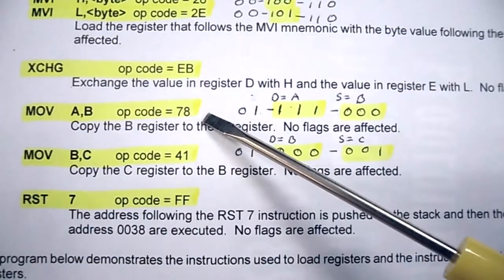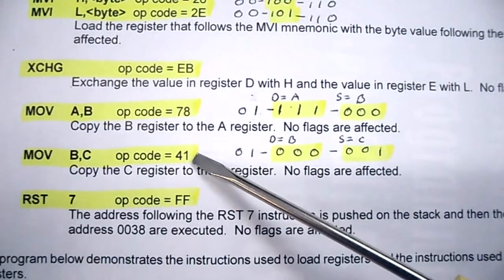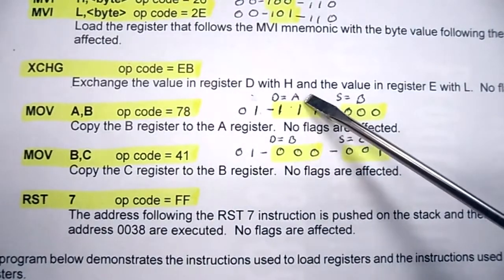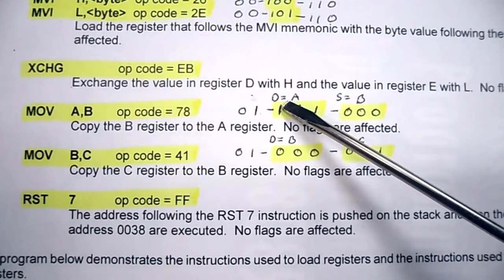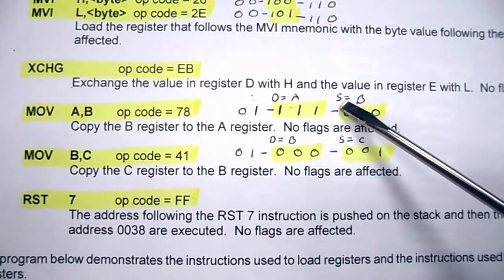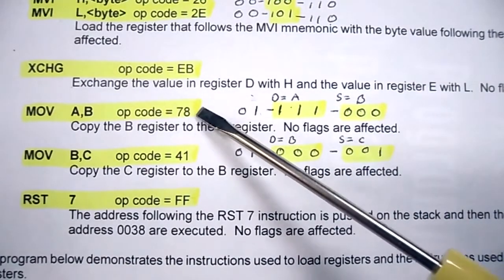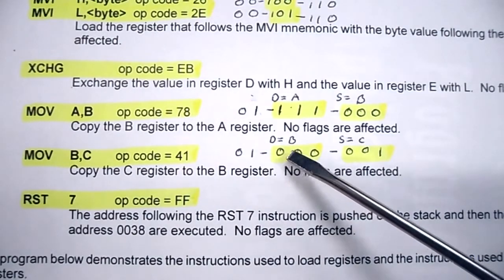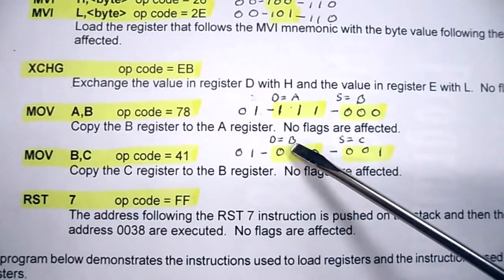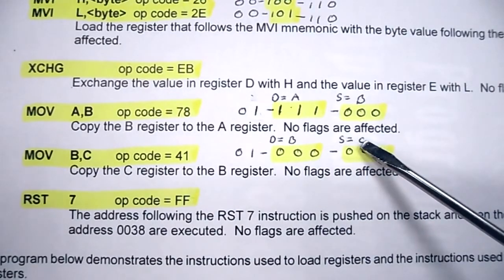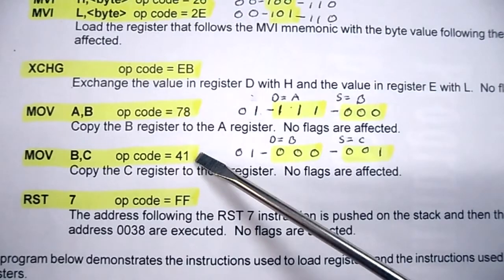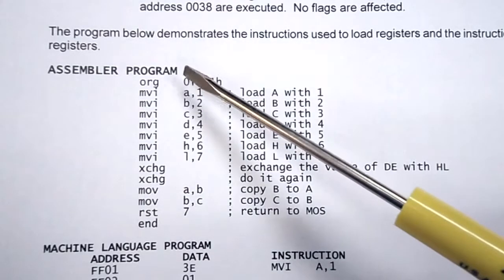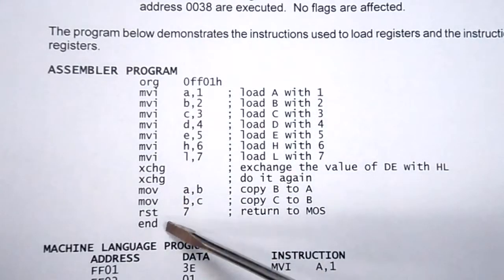Looking at our 2 move instructions that we're going to be using today, if we substitute A for our destination and B for our source, we come up with the 78 opcode. In the second case, if our destination is B and our source is C, we come up with the 41 opcode.